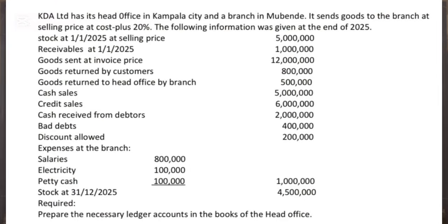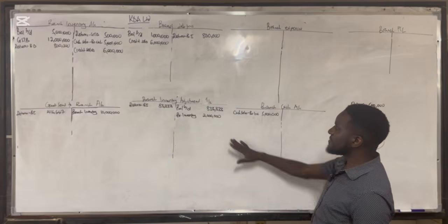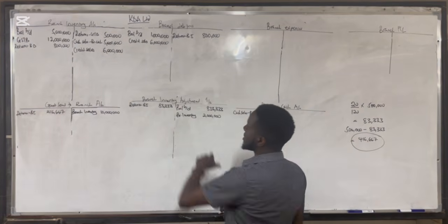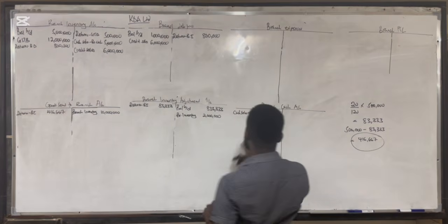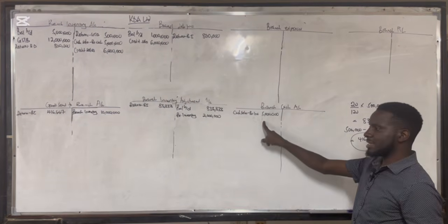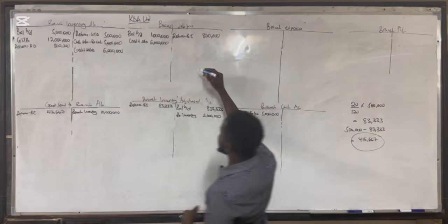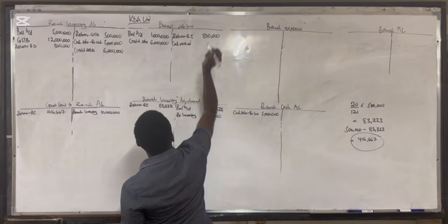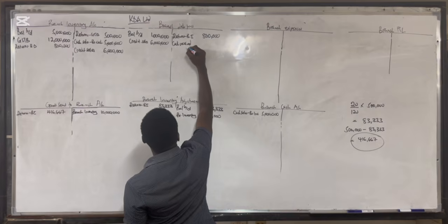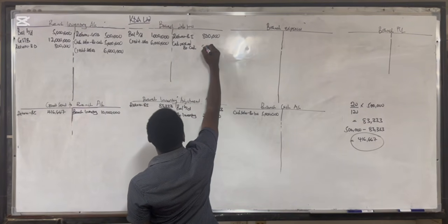Then the next one, they are saying that we have cash received from the debtors of 2 million. Now, once we receive cash from the debtors, we must show that the amount of money that we're demanding from the debtors is decreasing, and then we show an increase in the branch cash. So you come here and say cash received. Obviously, this cash received is going straight to the branch cash, and then it is 2 million.